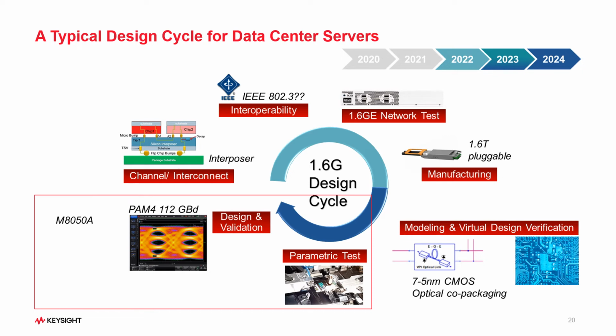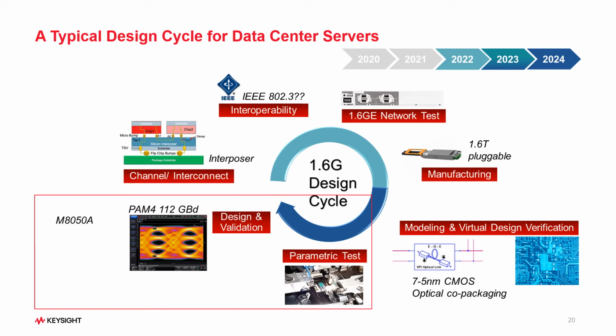As we know, each speed class of a switching ASIC requires a full design cycle as is outlined here. The design cycle starts typically with the modeling. Based on this simulation, the ASIC is designed.